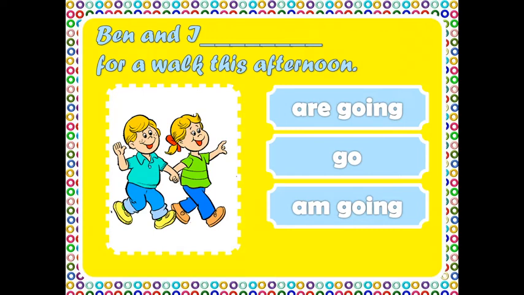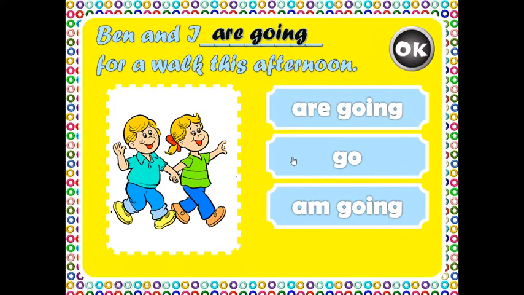Now, Ben and I (blank) for a walk this afternoon. This afternoon. What does it mean? Routine? At the moment? No, it's not at the moment. I'm saying this afternoon. Ben and I go? No, it cannot be, because if we say go, it is for routine. Are going? Or I'm going? I am going, no, is wrong.